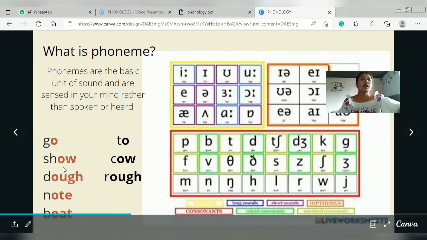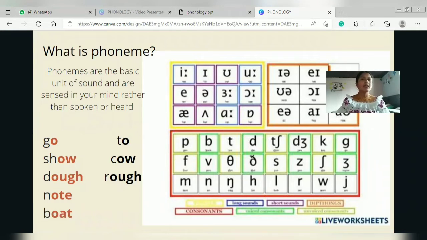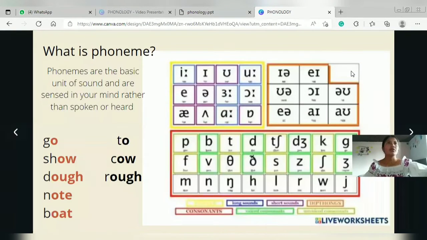These words have different spelling, but they also have the same diphthong. Let me show you this: oh.